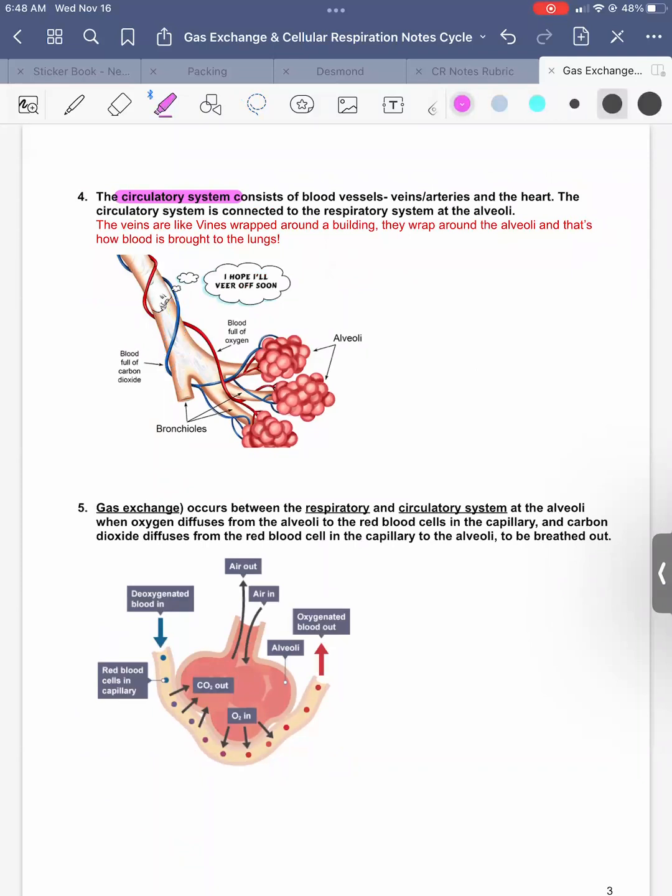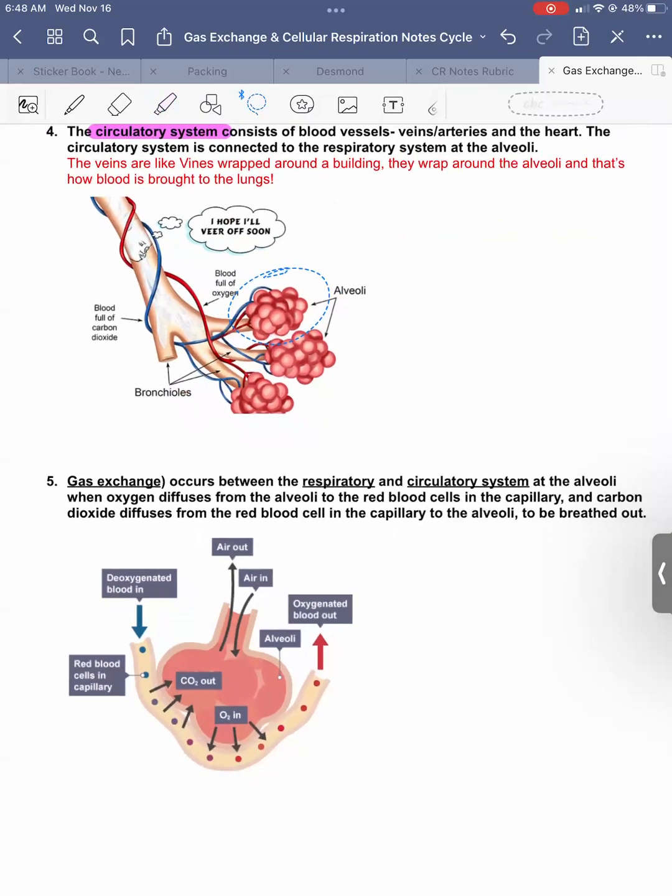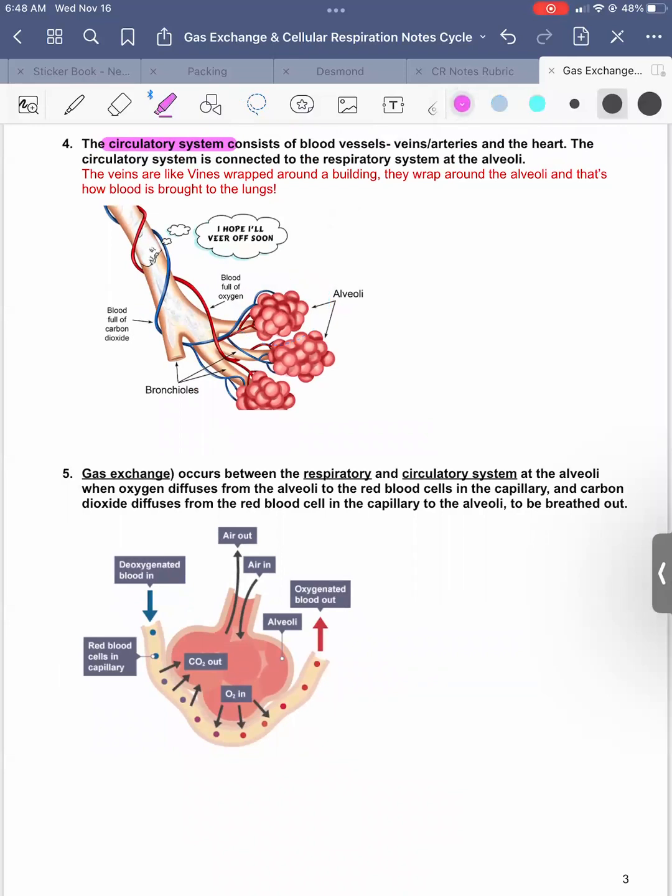So we're going to zoom in. Okay, we're going to zoom into this alveoli right here, and we're going to get even closer. Okay, this is on the cellular level. All right, gas exchange occurs between the circulatory system and the respiratory system at the alveoli when oxygen diffuses from the alveoli to the red blood cells in the capillary and carbon dioxide diffuses from the red blood cell to the alveoli to be breathed out, right?